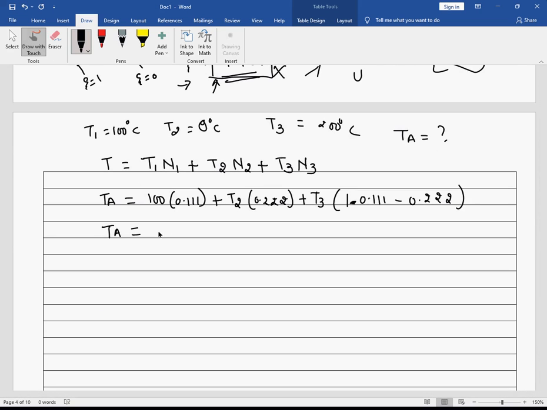So we have the value of 144.5 degrees Celsius. This is the value we are getting.